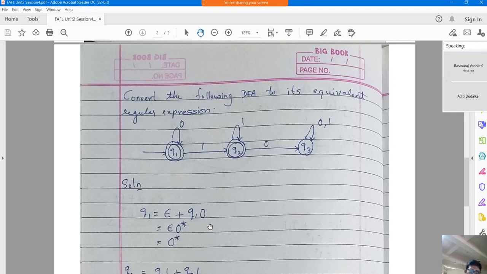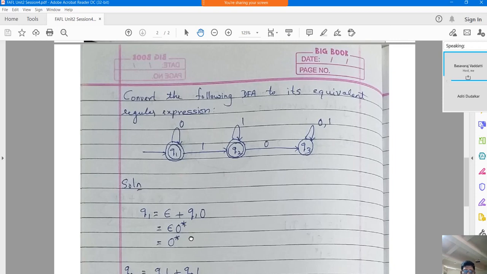Why epsilon here? Because Q1 is the start state. Therefore, epsilon plus Q1 0, and this can be rewritten as epsilon 0 star. Epsilon concatenated with 0 star is 0 star.